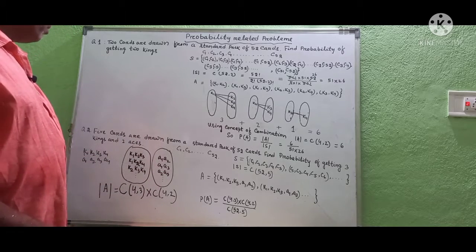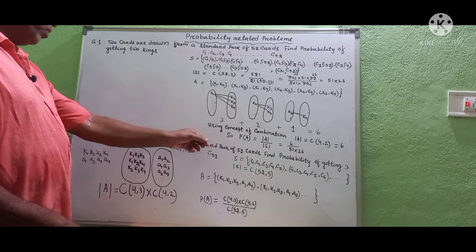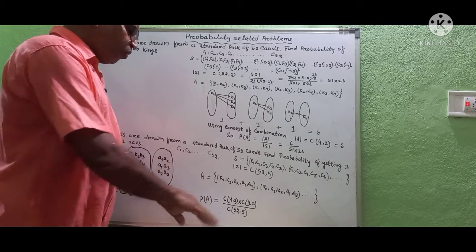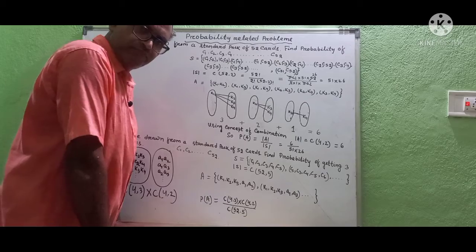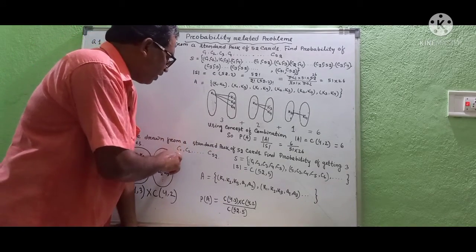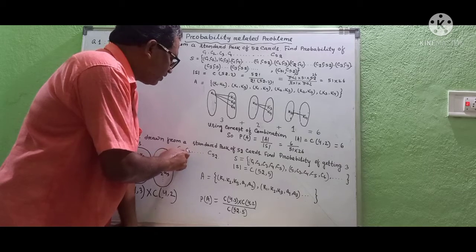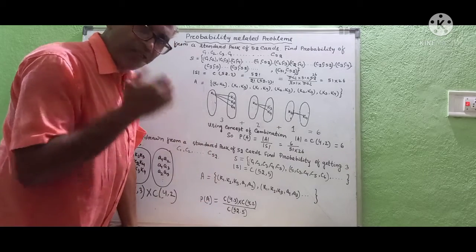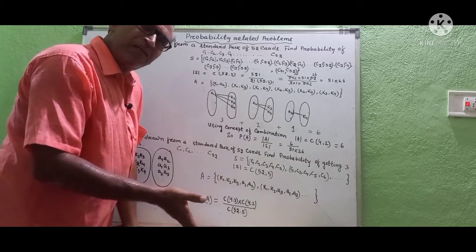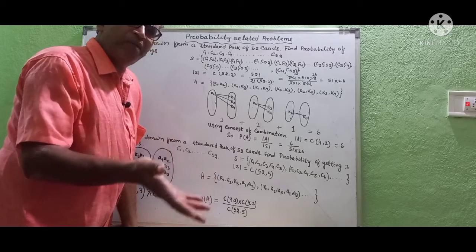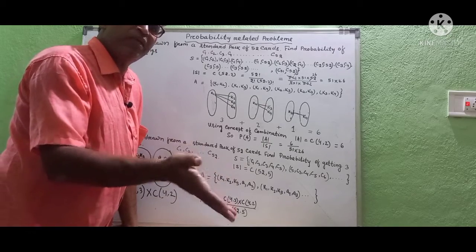So first you will have to find sample space, taking all cards. Here all cards I have named C1, C2, like this, C52, because all are cards. At first these are playing cards, then you name king, ace, queen, jack.